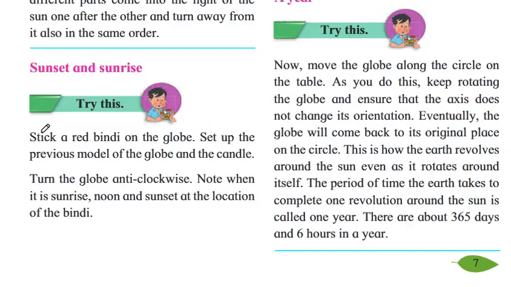Try this. Stick a red bindi on the globe. Set up the previous model of the globe and the candle. Turn the globe anti-clockwise. Note when it is sunrise, noon and sunset at the location of the bindi.